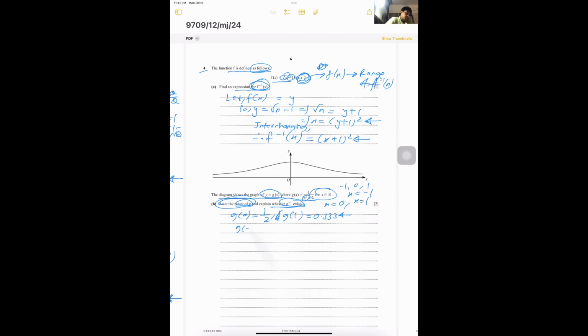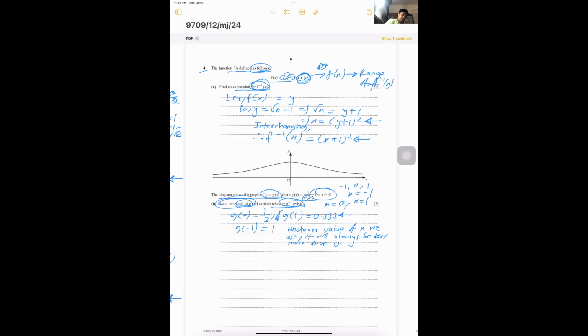g(minus 1) is equal to, now, so 1 is equal to 1. Now see what is happening here. So we can see that whatever value of x we use, it will always be more than 0, right?